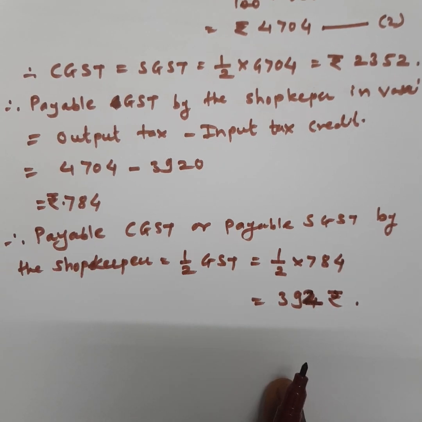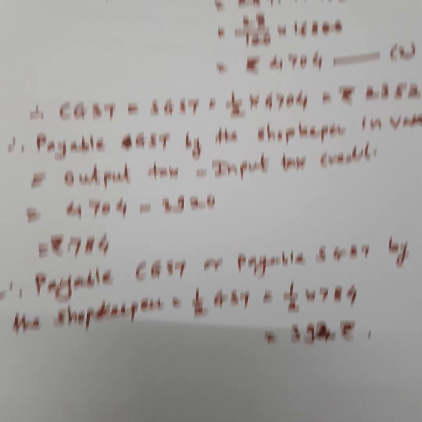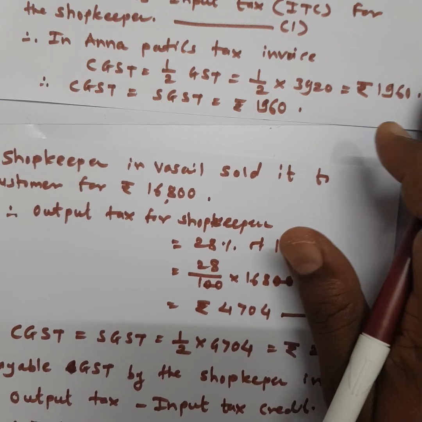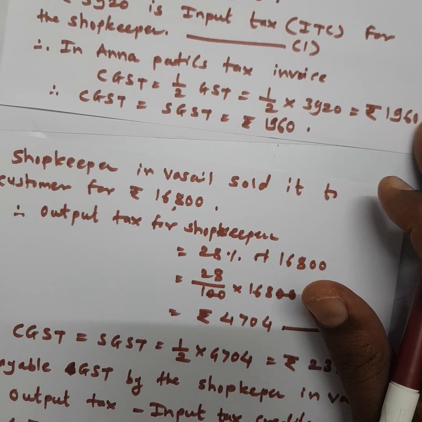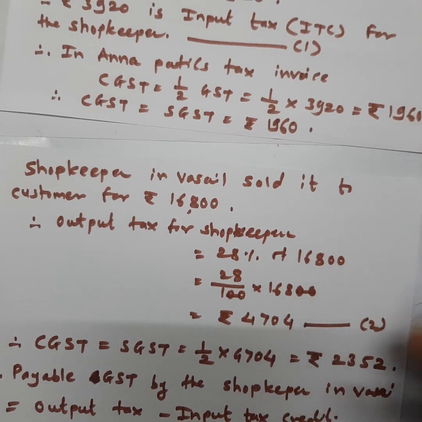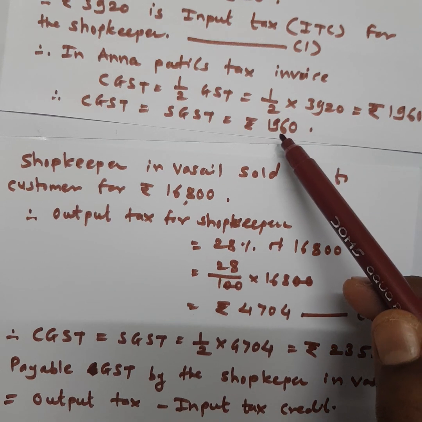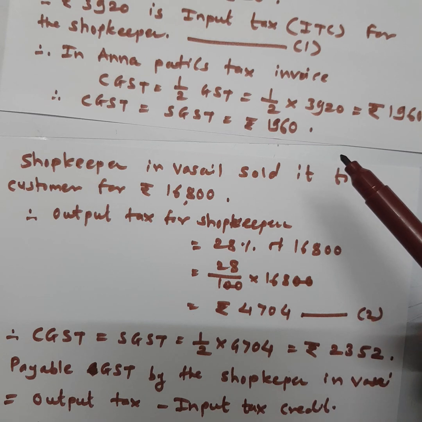the answers of the 3 questions are here. First, CGST and SGST in Anna Patil's tax invoice is equal to 1960 rupees.